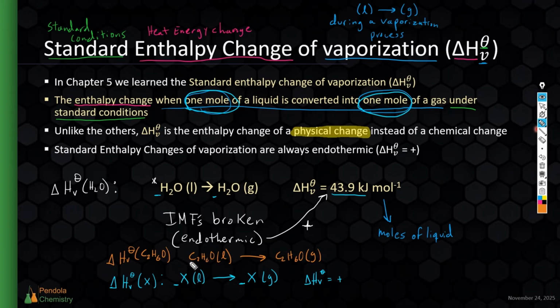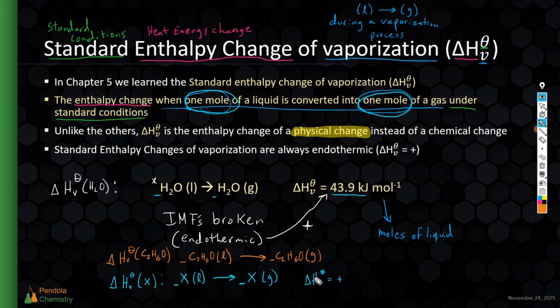Because we're going from liquid to gas, it's 1 mole of each. All that changes is the chemical. They will never ask you what this delta H is, because there's no way of you just knowing that off the top of your head. But there are ways where we will calculate it, which we'll see in later sections.